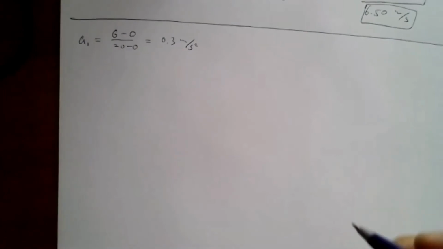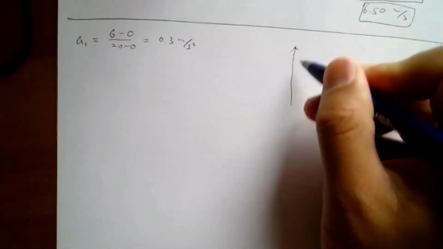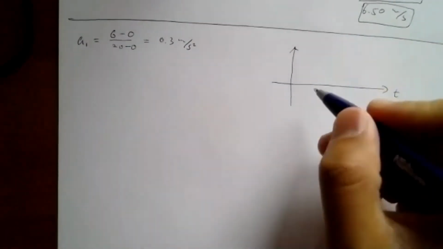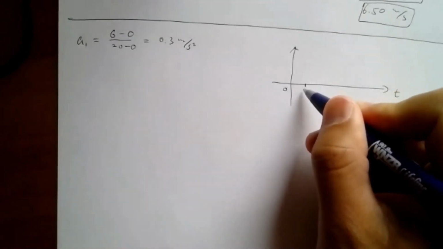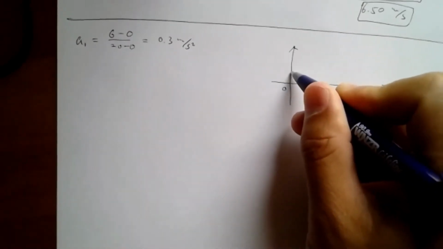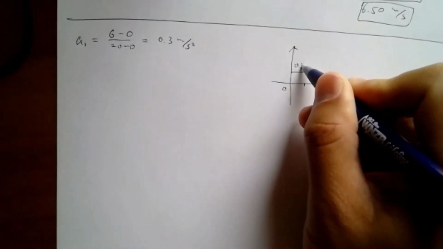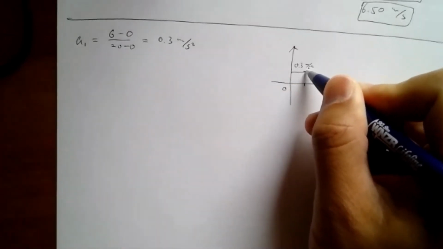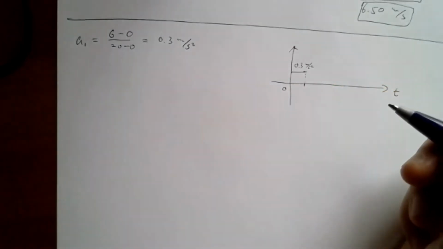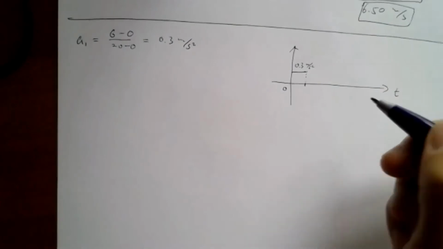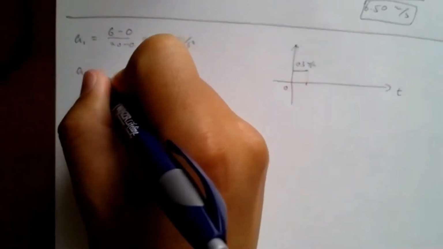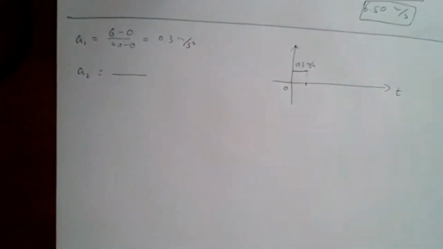Then you can start your plot of acceleration versus time t. From 0 to 20 seconds, you indicate 0.3 meters per second squared on that first part.